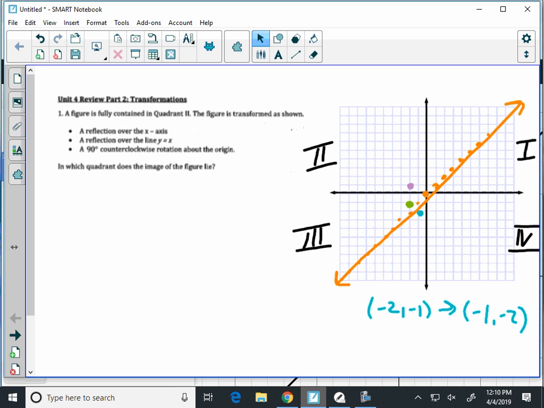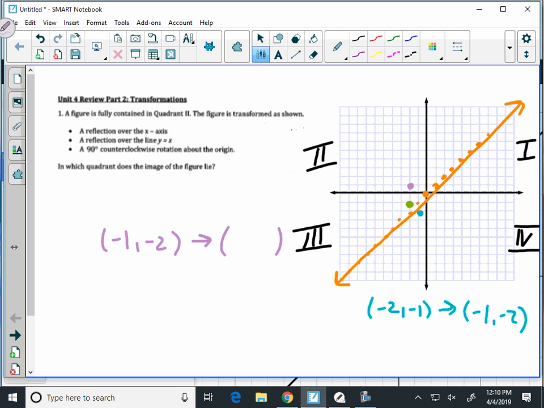Okay? Well, after we do our reflection over the line y equals x, we want to do a 90-degree rotation. So our new point is at -1, -2. What do we do with our point when we do a 90-degree rotation? Do we flip or do they stay the same? We flip, right?